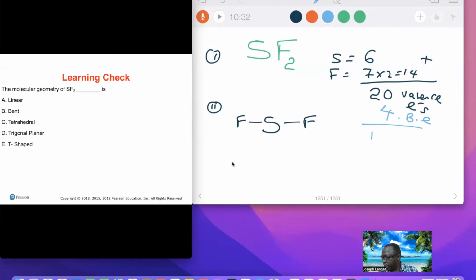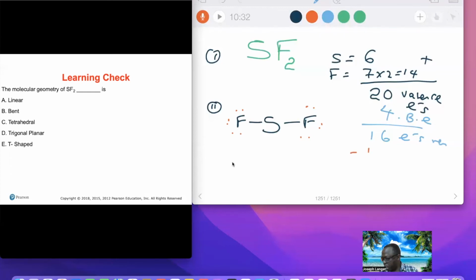Remaining 16 electrons. And in this case, external atoms take first priority in satisfying the octet rule. So we need to give each fluorine 6 electrons so that the octet rule is satisfied.